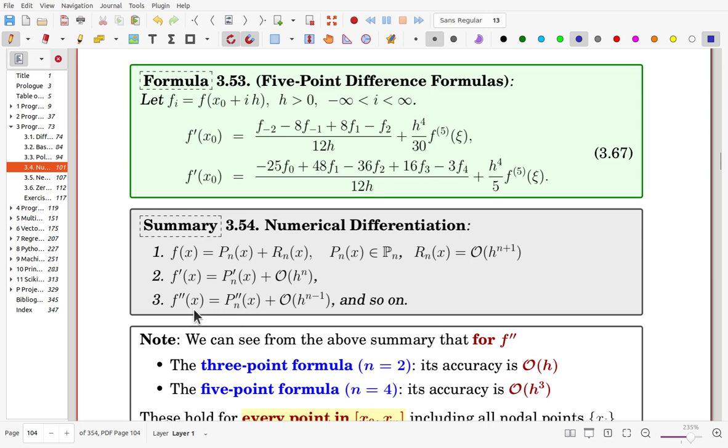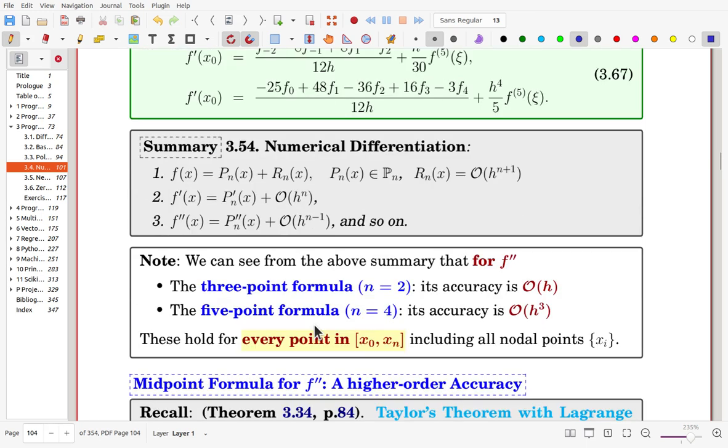And if you try to also approximate f double prime from the polynomial double prime, the interpolating polynomial double prime, then again one more time the power goes down.